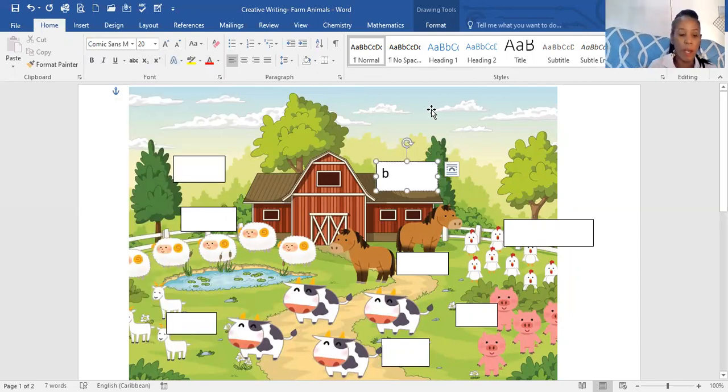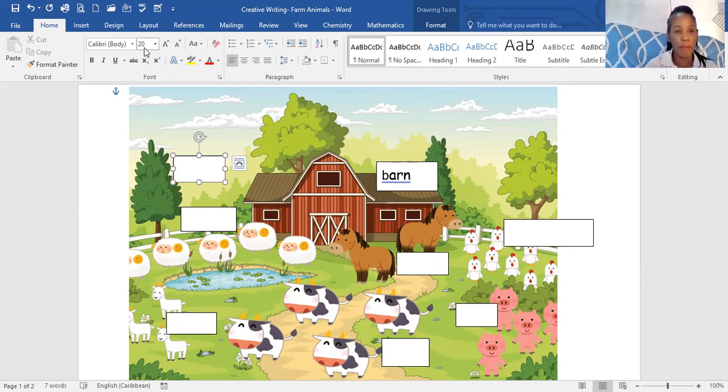Right, so we have B, R, barn. Here's a barn. Let's see what else we can see. Another object. What's this? Yes, it's a tree. Let's write the word tree. T, R, E, E, tree.